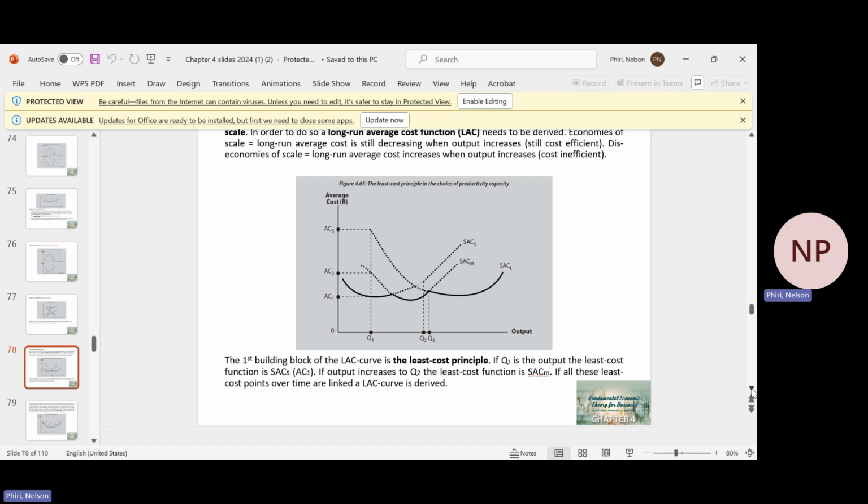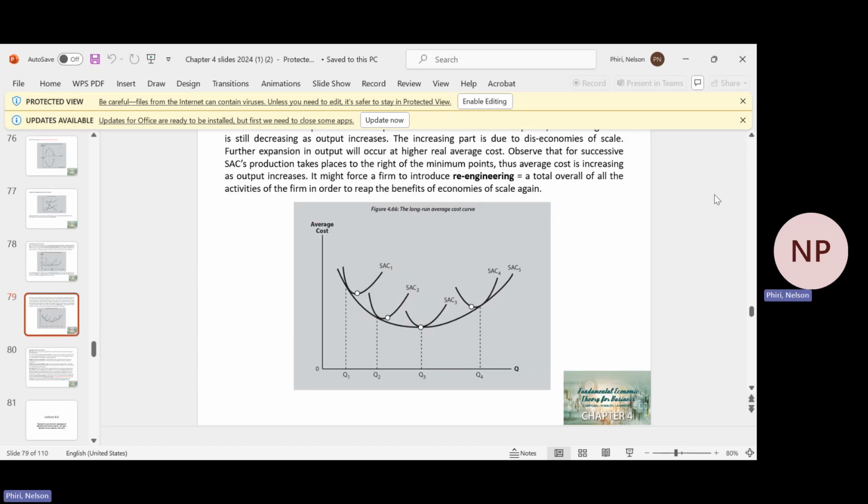Then if you link those least cost functions, like I said in the beginning, that gives you a long run average cost curve. You obtain it by linking the least cost functions of these different curves, AC1 and so on up to ACM. If you link those minimum points, that gives you a long run average cost curve.